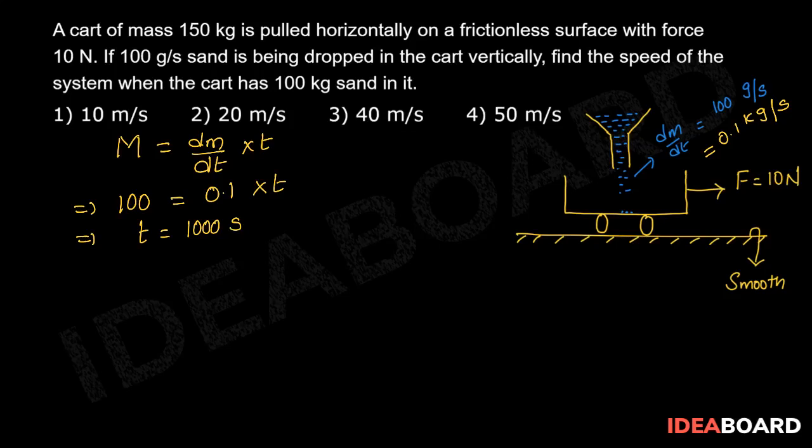Now when the cart is being filled with the sand, there will be a force acting on the cart in vertically downward direction, whose magnitude is equal to dm by dt times the speed at which the sand is falling into the cart.